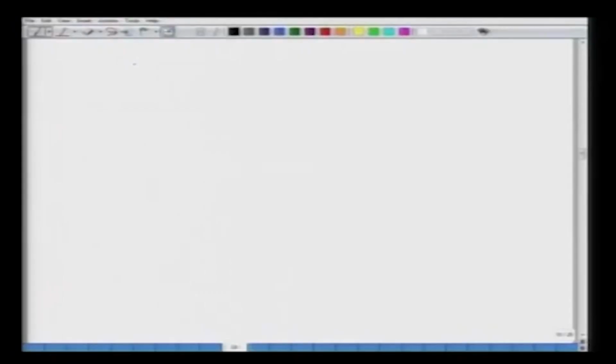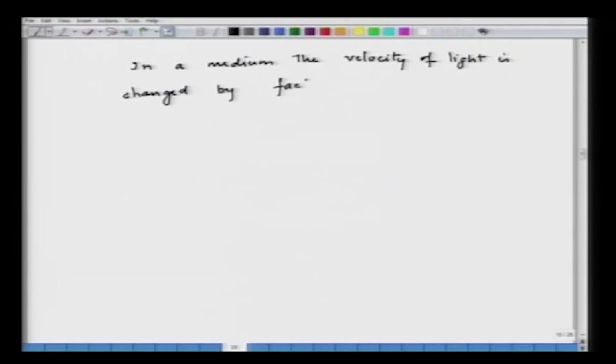So, normally we define that in a medium there is a factor capital N, and this factor capital N is given by this.